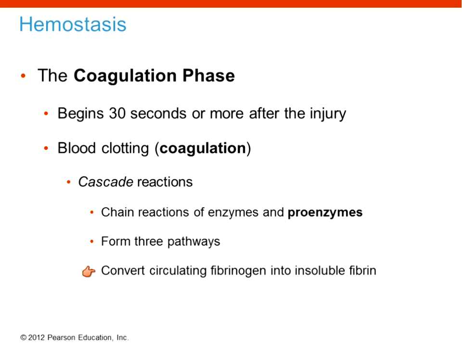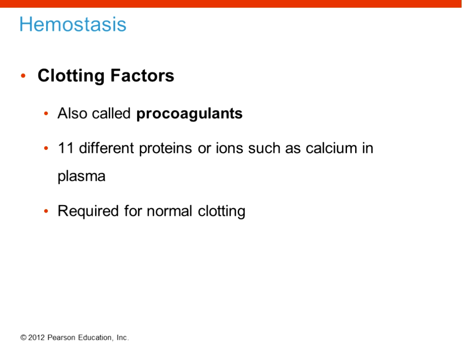We have 3 different pathways that we can use for this cascade reaction, and the culminating event that we want to happen is to convert that fibrinogen, which is one of the plasma proteins that we talked about in our previous lecture, into fibrin. And those fibrin molecules, as I said before, kind of thread all of those platelets together and keep them stuck into the break in the vessel wall.